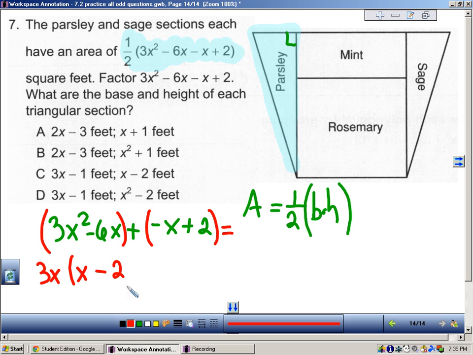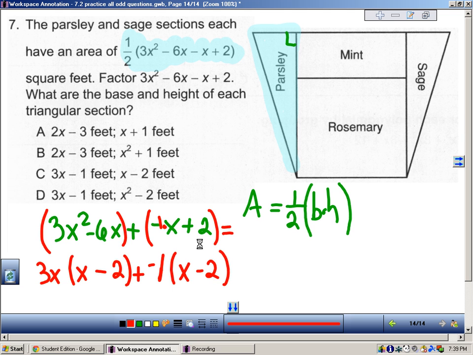Check my work. 3x times x is 3x squared. 3x times negative 2 is negative 6x. Plus, watch here, a negative sign, that negative x is essentially the same thing as negative 1 times x, right? So I'm going to factor that negative 1 out. This becomes x. Of course, the negative sign makes this minus 2. Why? That positive 2, adding 2, a negative times negative is a positive, so that's got to be minus 2.